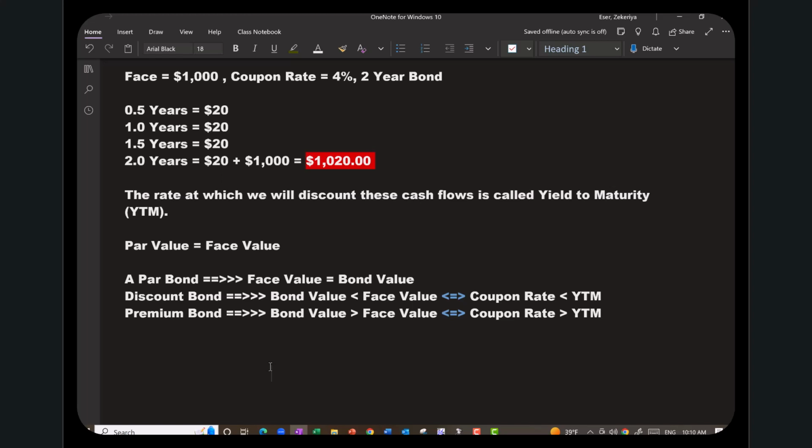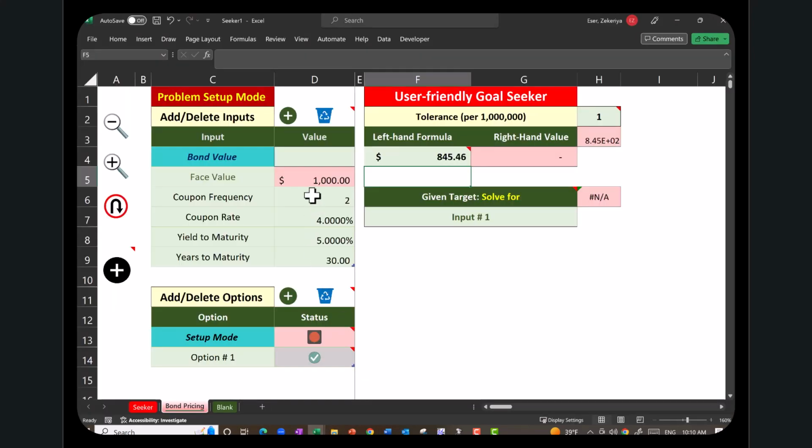Back in the 1980s, IBM issued a 50-year bond with no coupons. Let me show you what the value of that bond would have been. 50-year bond, coupon rate 0, assuming yield to maturity of 5%. You only pay $84.65 now.